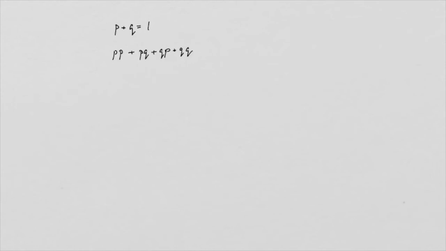Now, the binomial distribution comes from multiplying brackets. So if we had (p plus q) times (p plus q), we would normally write that as p squared plus pq, two of them, plus q squared.